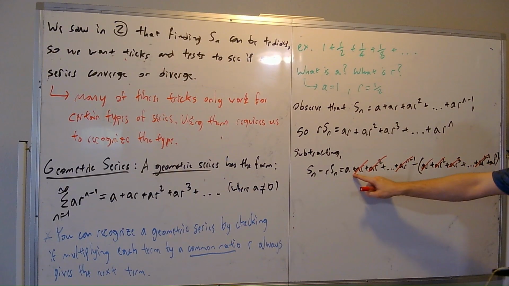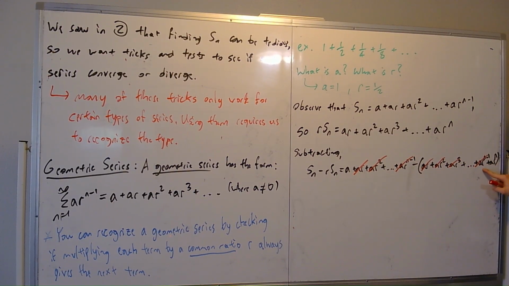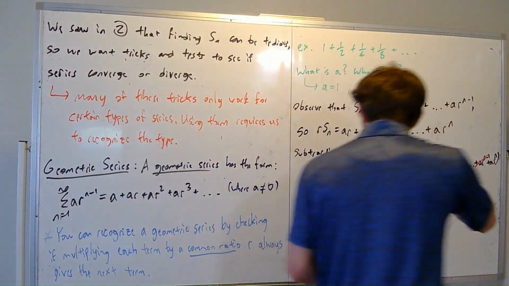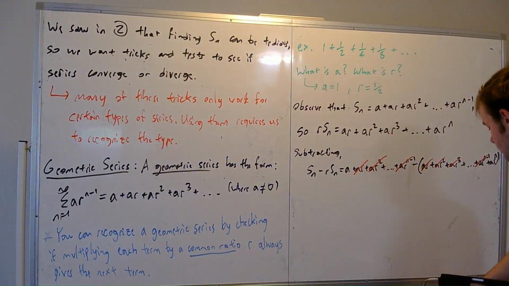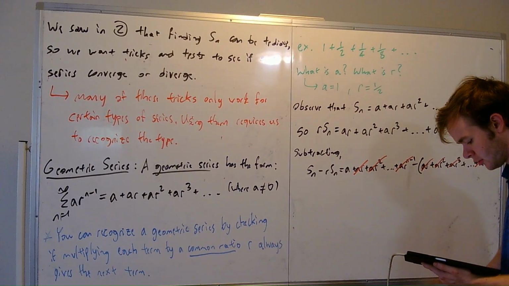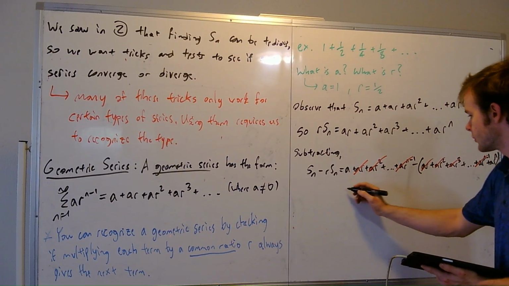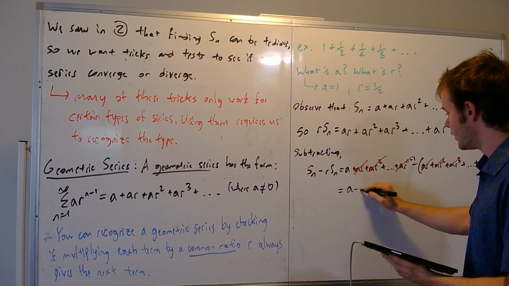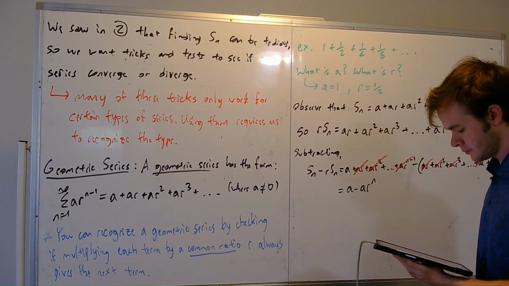Each of these terms cancels with each of these terms, except we're still left over with the one on the end, a times r to the n. So in the end, we only have two terms left. This is going to be equal to a minus a r to the n.